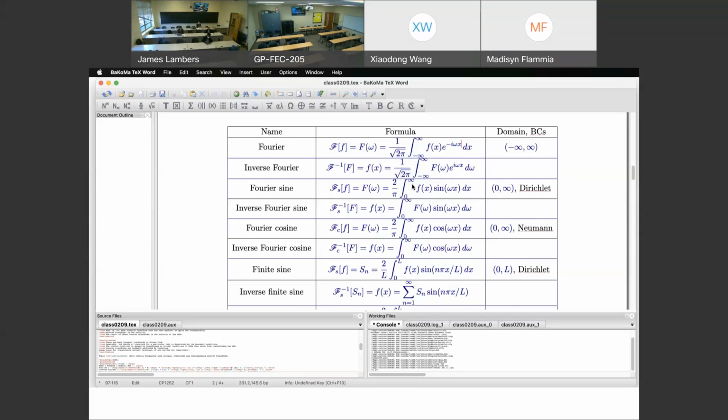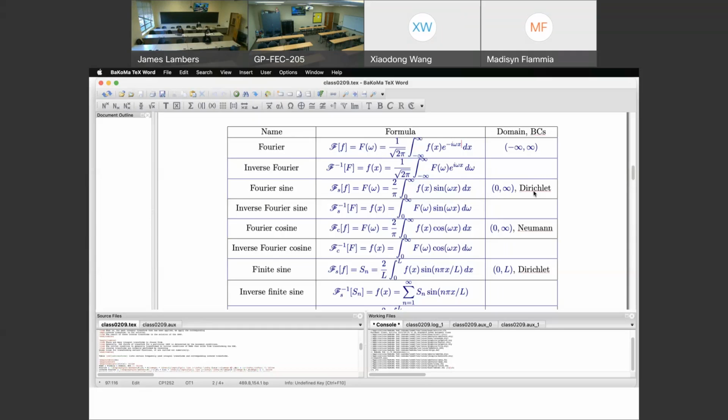Now, suppose you have a problem that's defined on a semi-infinite domain. So x is going from 0 to infinity. That means that x equals 0 is where a boundary condition is imposed. And what kind of boundary condition dictates which integral transform you're going to use.